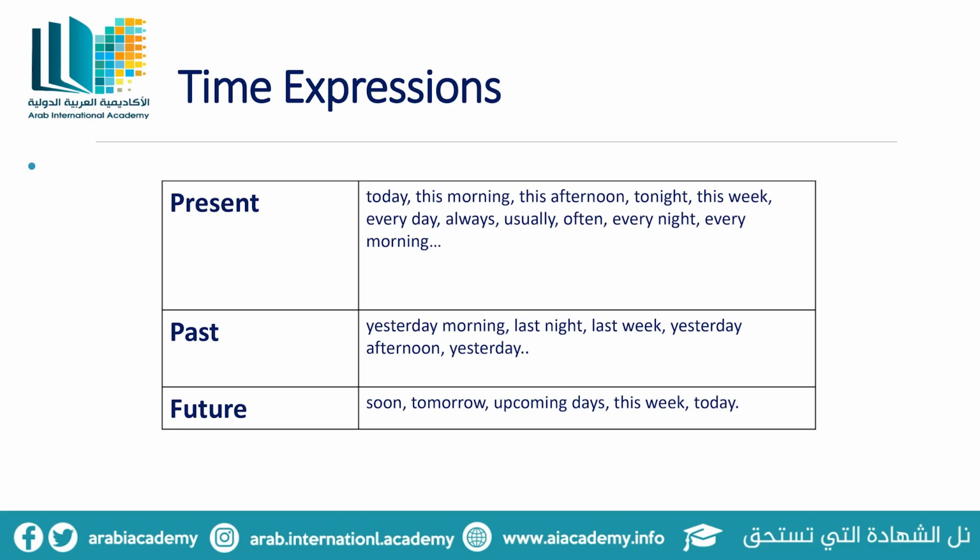Say I am talking in the morning and I say, I will visit my mom today. This means that the action will happen today, but maybe at night. So this is the difference between the first one and the third one.